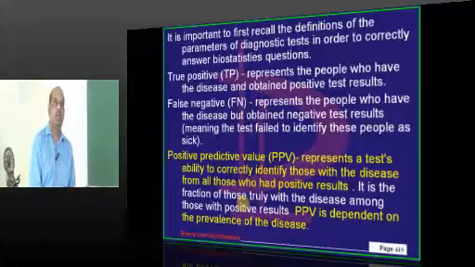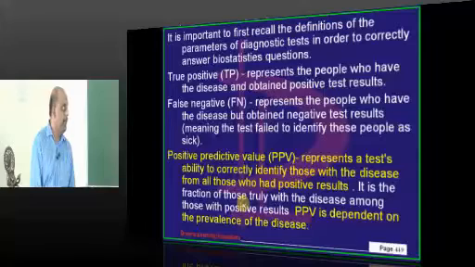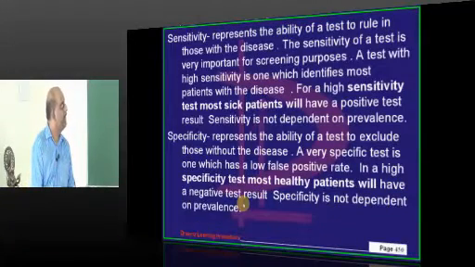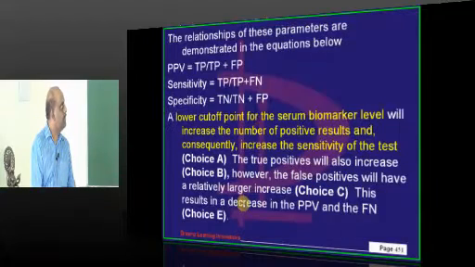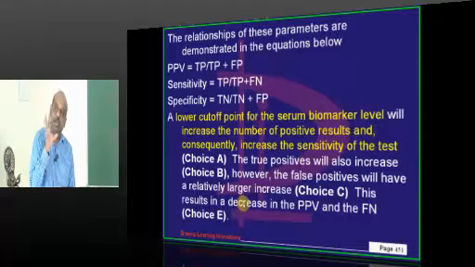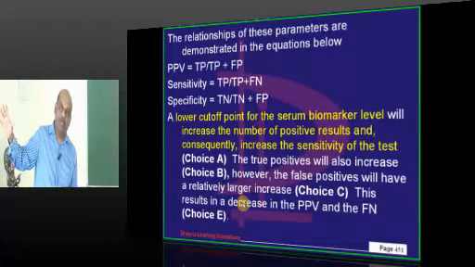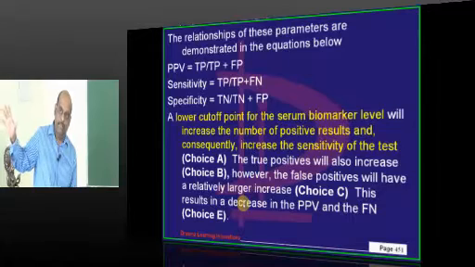Positive predictive value basically depends on the prevalence of the disease, one thing, and the number of positive results also will decide the value of the positive predictive accuracy.